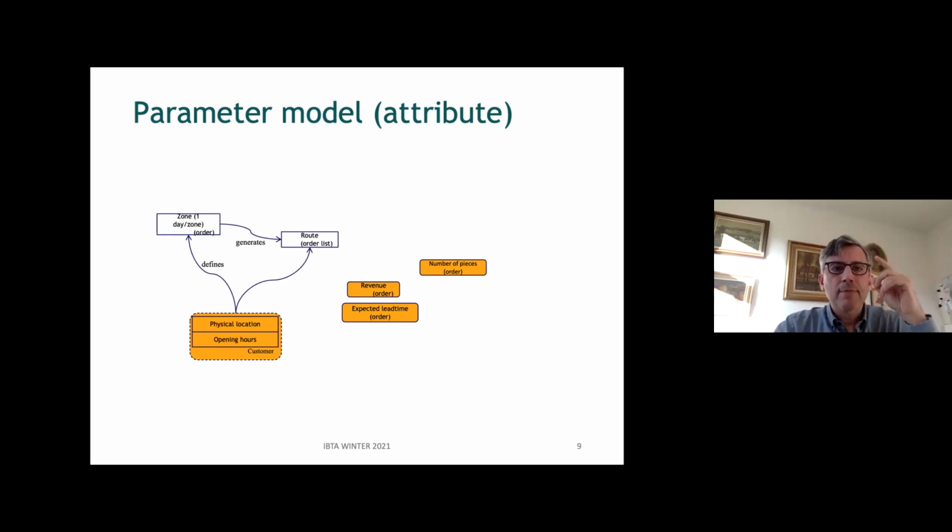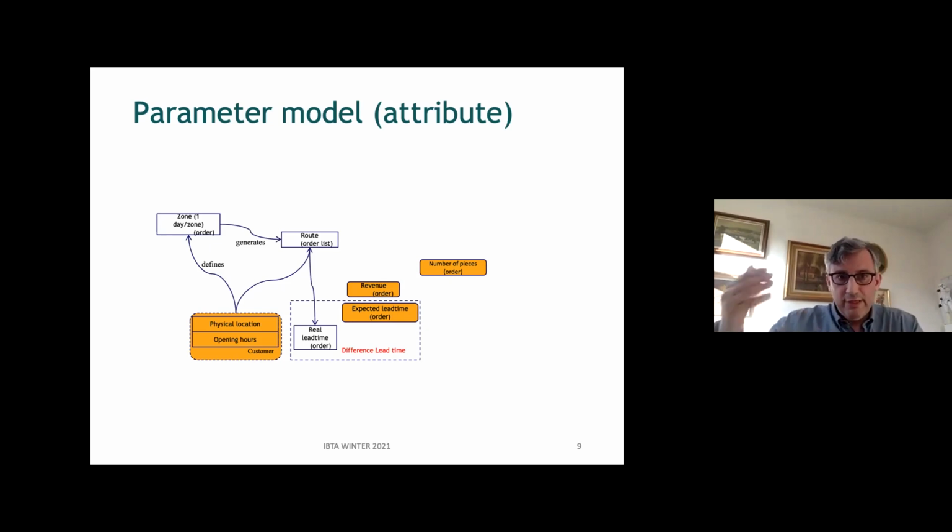Making this zone and defining the route results in a real lead time, because doing it like this results in the fact that it will only be delivered when they go there, which is logical. And the customer is more worried about the difference between what they expected and what they got.